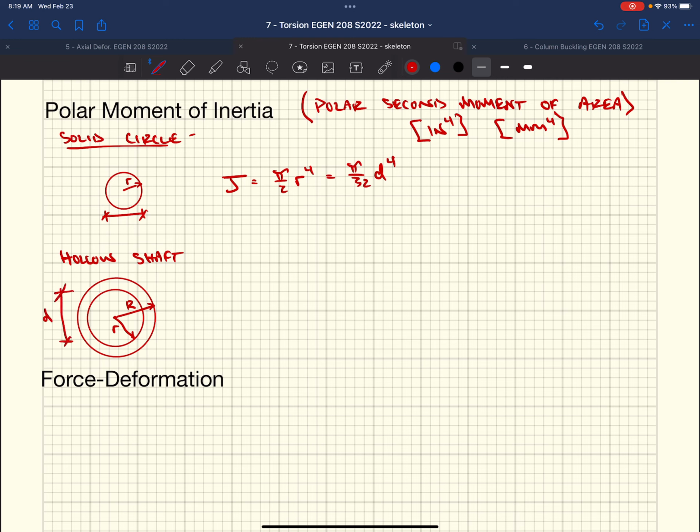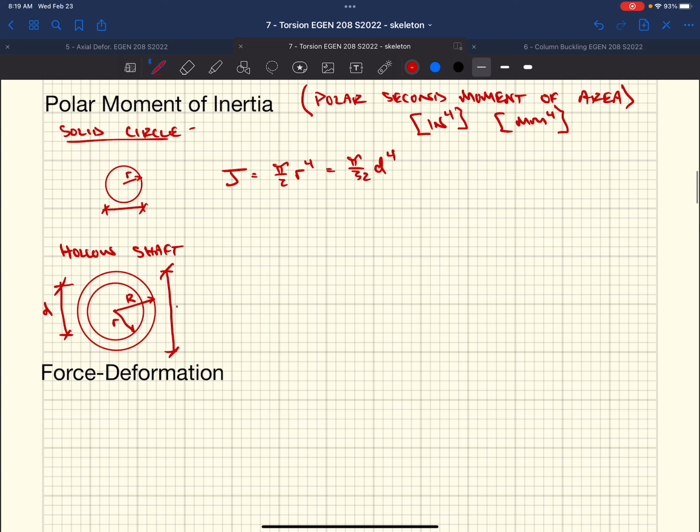Similarly, we could say we have an inner diameter of small d and an outer diameter, big D. And because we're engineers and we're lazy, someone else has done this for us.